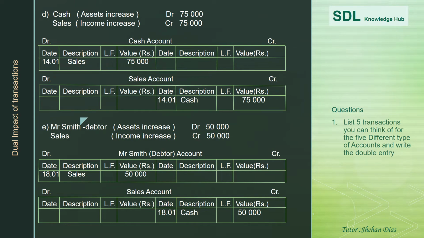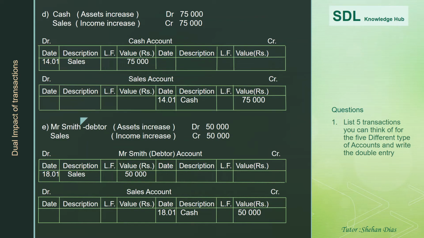The fourth transaction, sales made on cash for 75,000 on 14/1/21. So cash asset account increases, so debit for 75,000, and sales income account increases 75,000, so credit for 75,000.